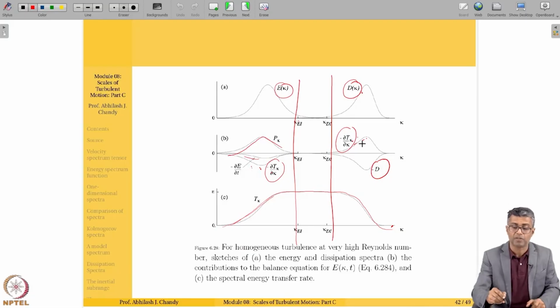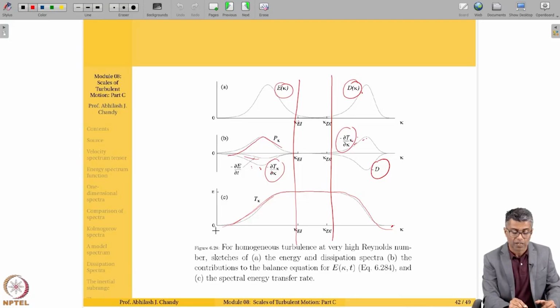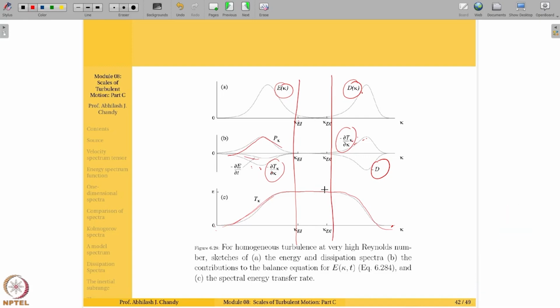And it is positive in the dissipation range because energy is being added there. The transfer term itself starts from 0. It keeps increasing. It peaks in the inertial subrange and then it keeps decreasing to 0. Now we will analyze each of these ranges and find out what happens when you integrate each of these terms and put this in the energy spectrum balance equation next. I hope this was clear. Thank you.